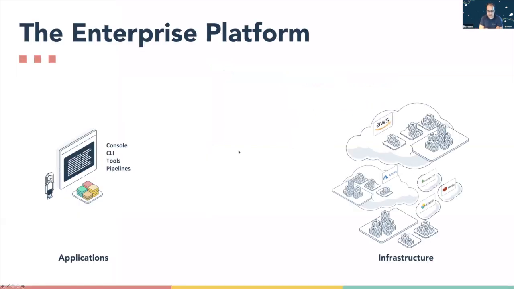I want to start by looking at what we're calling the enterprise platform. A typical enterprise deals with different kinds of infrastructure. That's the pieces on the right, whether it's cloud infrastructure like AWS, Azure or Alibaba Cloud, or on-premise infrastructure like Cloud Foundry, OpenShift or VMware clusters, or their own internal Kubernetes clusters.